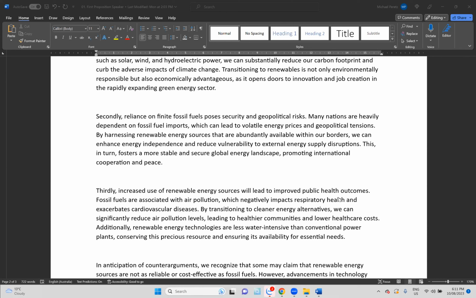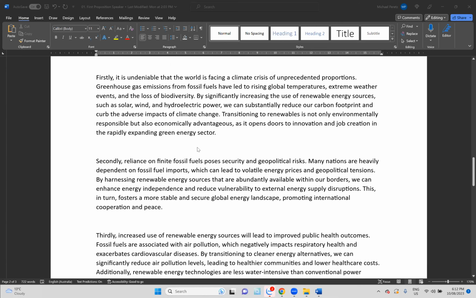So we're also now going to talk about the improved public health outcomes. So fossil fuels create air pollution, which affects our lungs, and that can lead to heart and blood vessel diseases. And again, note the teal paragraph structure.